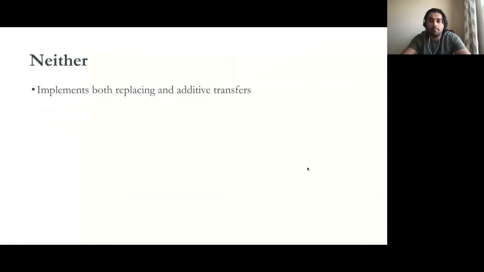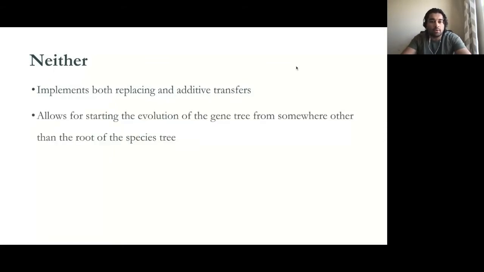But neither of these simulation frameworks that were available when we constructed this implements both replacing and additive transfers, which are both events that are important in the evolutionary history of gene families, especially in microbial species. And neither allows for starting the evolution of a gene tree from somewhere other than the root of the species tree, which can definitely happen in a lot of cases, as not all gene families might be present at the common ancestor of a certain group of species.